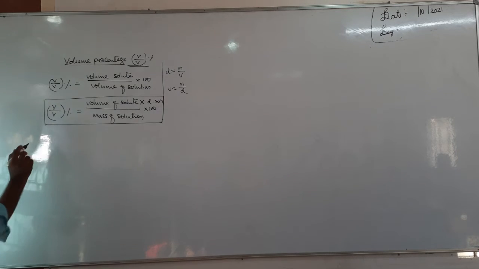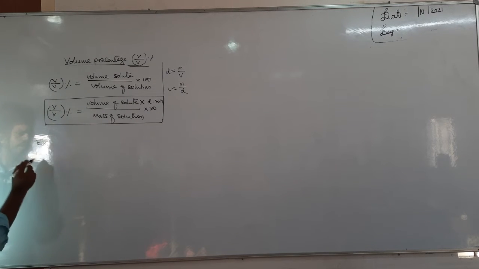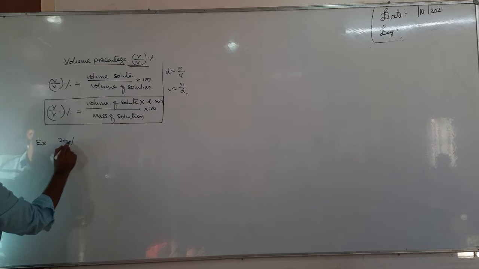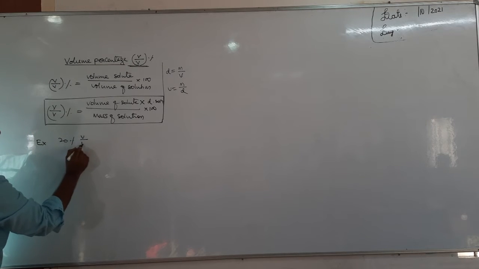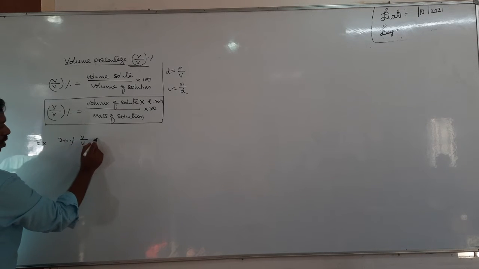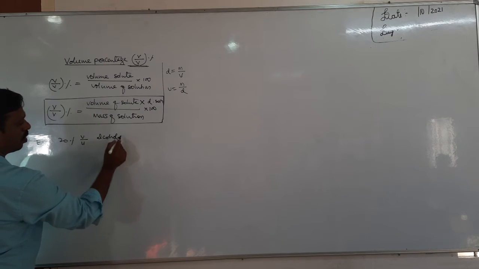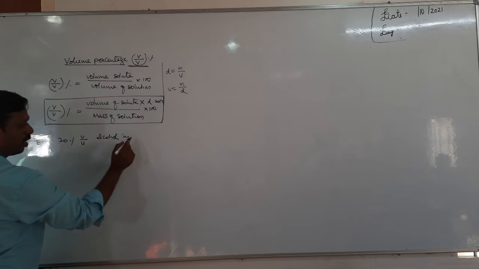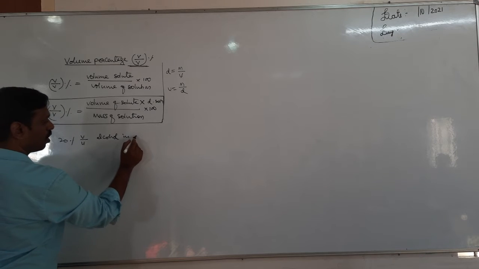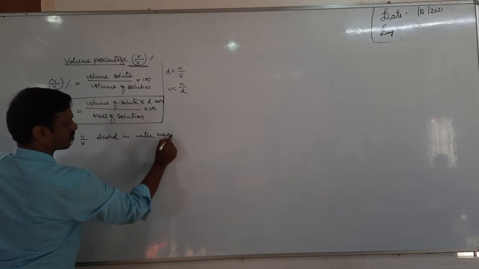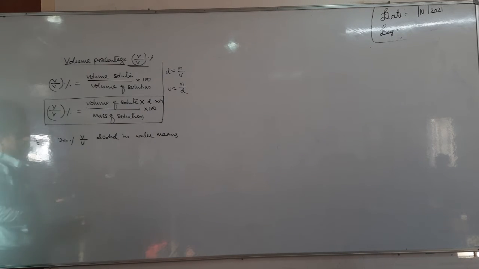Next, here data is important. For example, let us take 20% V by V alcohol in water. What is the meaning of this?